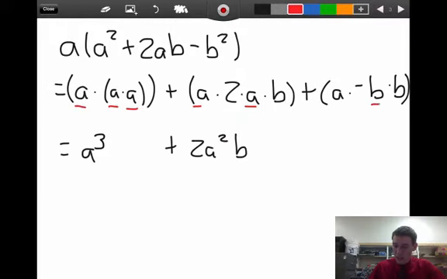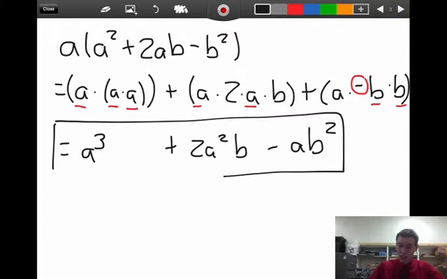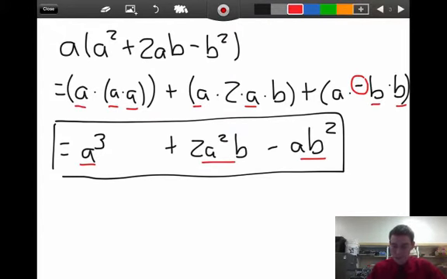And here we have 2 b's, but notice this negative sign, so that changes the sign of everything. We end up with negative ab squared. And so that's our final answer, because we can't add any like terms. This is not a like term to any of these, so that's our final answer.